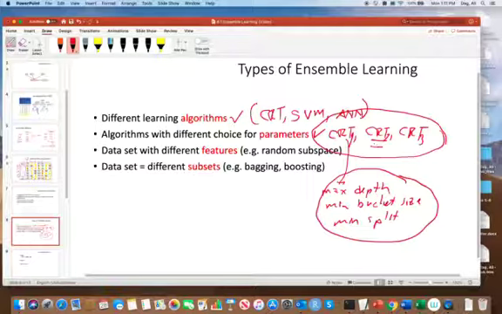So the third thing is different sets with different features, which I'm going to lecture in one of my other videos. I'm going to dedicate a class for these, different features and different subsets, because they have their own names. It's called bagging, boosting, bootstrapping, things like that.